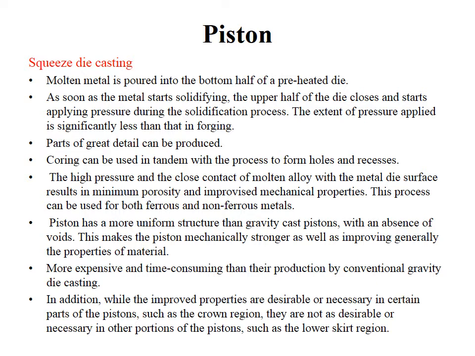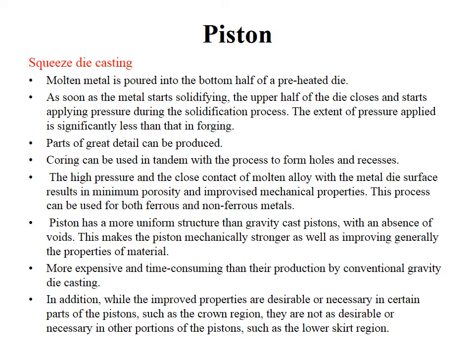You can use cores wherever holes are needed, and this high pressure will make sure that the molten metal is compacted properly into the cavity, and hence there will be minimum pores, so casting defects will be less, because of which the mechanical properties will be high in squeeze die casting, and it can be used for both ferrous and non-ferrous metals. The piston will have a uniform structure with no voids, mechanically stronger, with more improved properties.